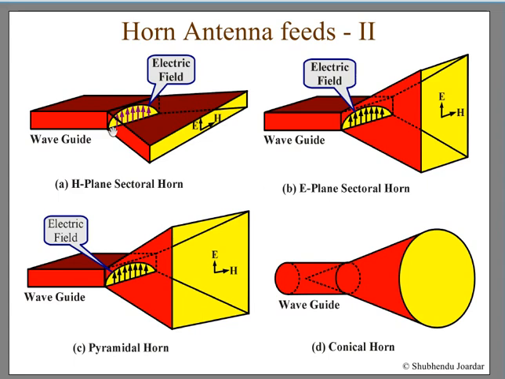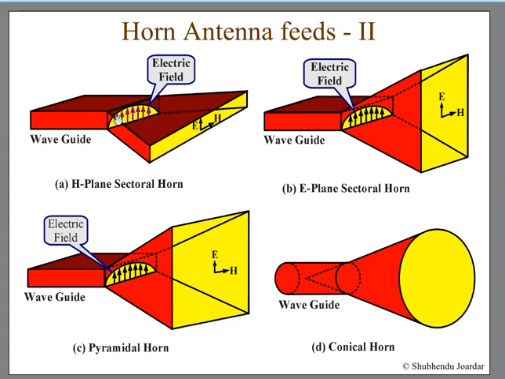So TE10 mode, you see this one has to be lambda by 2. One of these dimensions is called A, another is called B. I think you may be remembering those things. You refer to your macro, not going into much details. So the electric field will be directed along this direction, and the magnetic field will be in this direction. This is the TE10 mode.